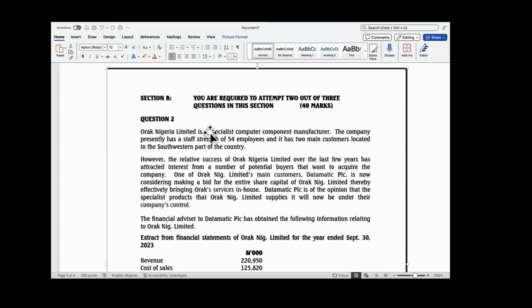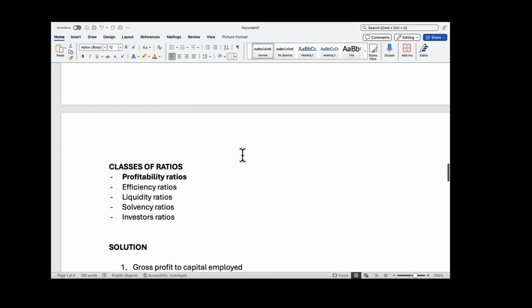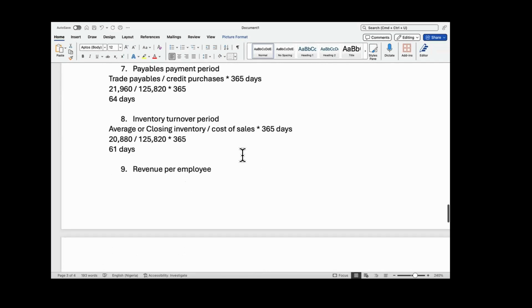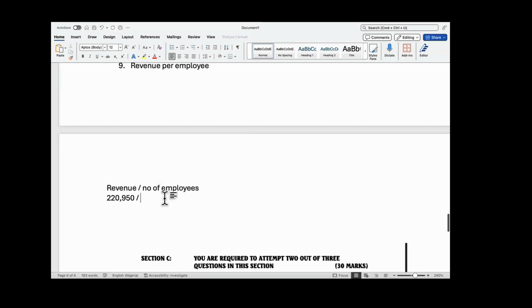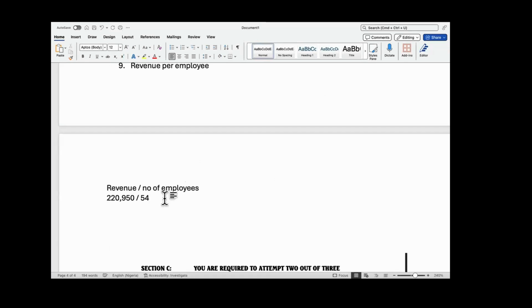They said, Oracle Nigeria Limited is a specialist computer component manufacturer. The company presently has a staff strength of 54 employees. So how much is this guy making per employee? 4,092 naira.